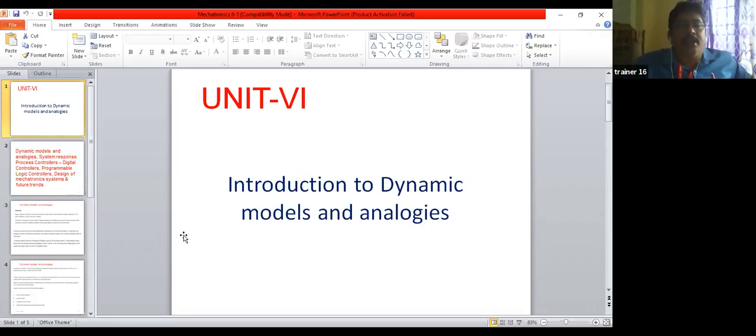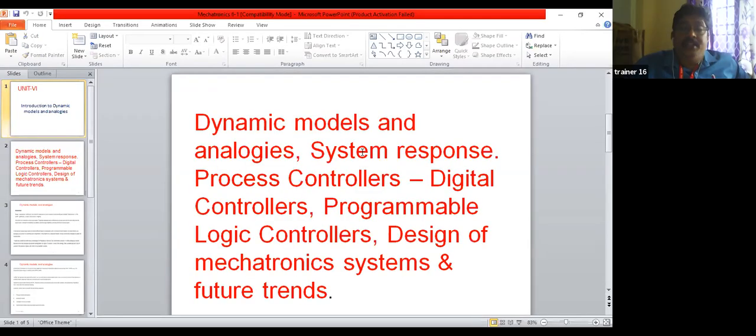So a washing machine is like that. These are the models. Here, the washing machine is one of the models. Next, if you go for dynamic models, system response, how can you get the system response?